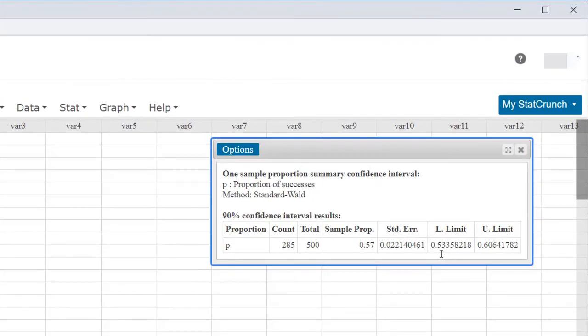The fact that our 0.58 is between the lower limit, 0.5336, and the upper limit, 0.6064, means that because 0.58 is inside the confidence interval, we do not reject the null hypothesis. So we could use any of those approaches, and technology makes the calculations much easier.